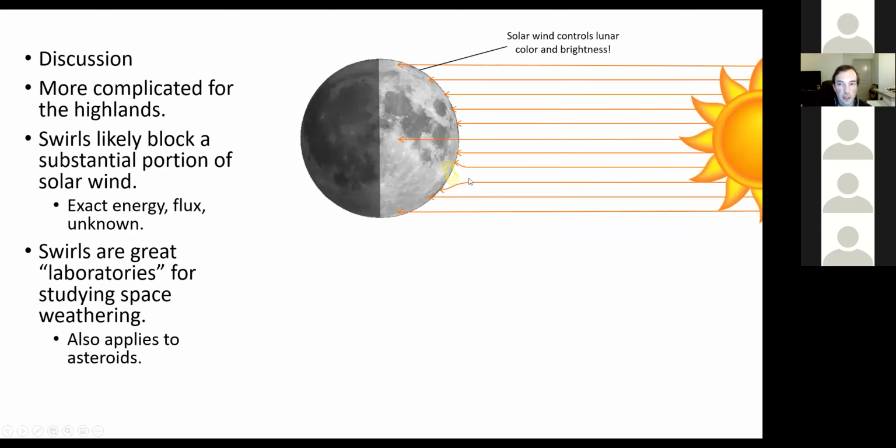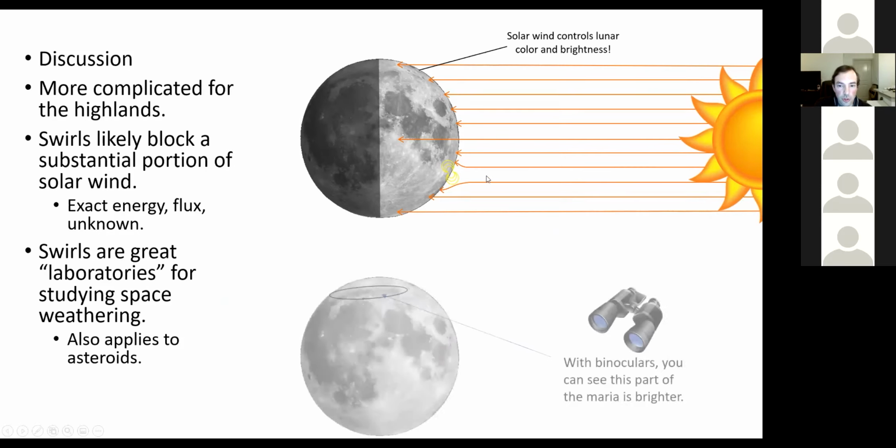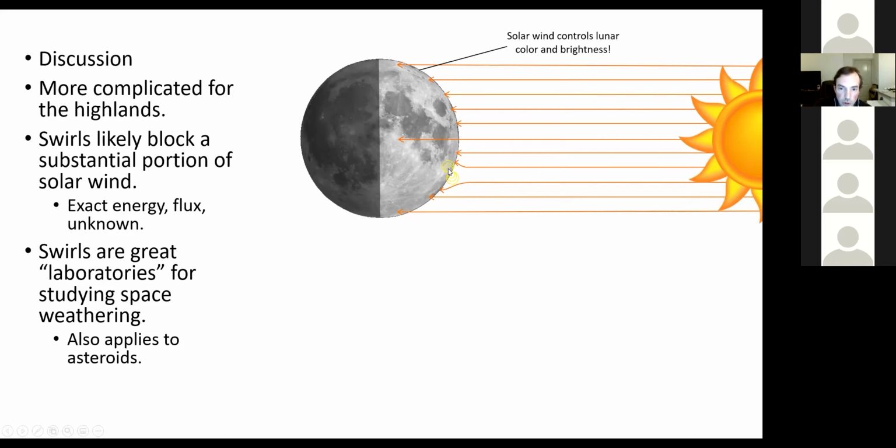That was a nice linkage: the solar wind is controlling the color of the moon. We were also able to use these swirls to prove that more thoroughly and show that the processes operating towards high latitudes are similar to the solar wind blocking processes happening at swirls. So there's a nice connection there.